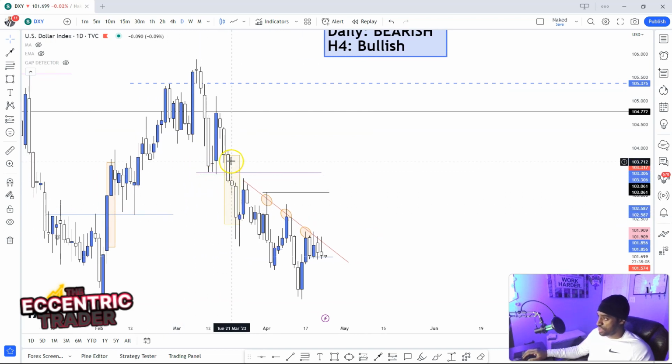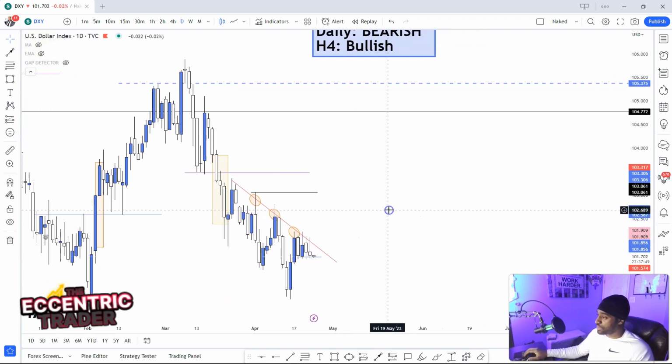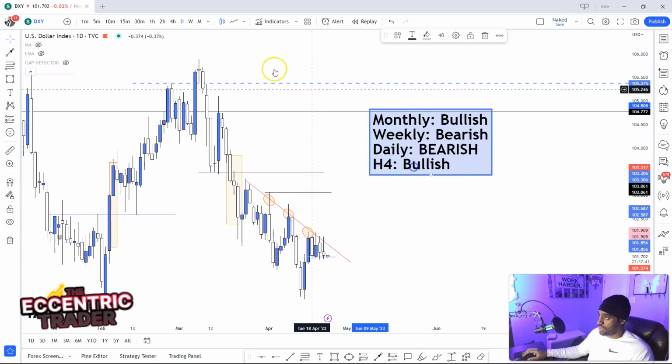These are the candles that broke that low of support. Price came back up to test newfound resistance, and then it started coming down to test. Hey, it's another test right here, so it's probably going to go down. Pretty sure it's going to go down. But we don't trade what we feel, we only trade what we see. So the market is probably going to go down right here.